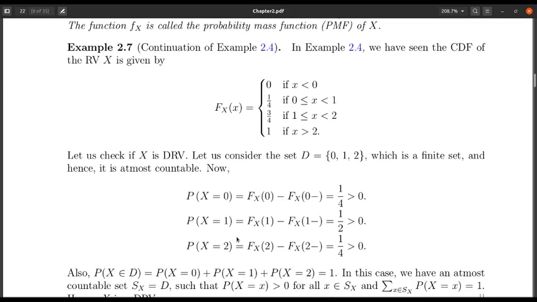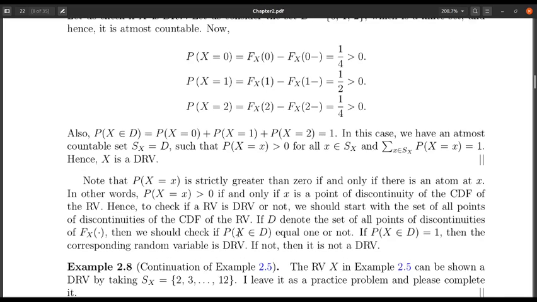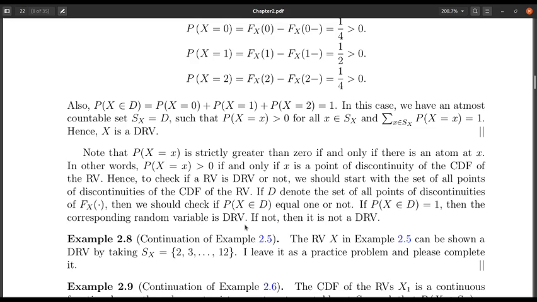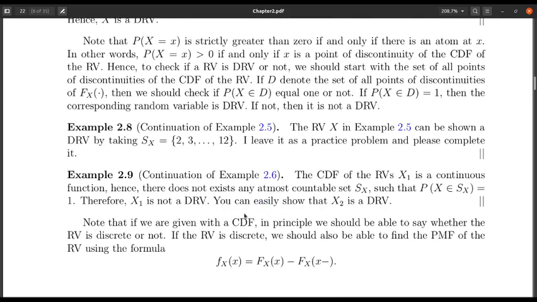Now let us see some of the basic properties of the discrete random variable. Before going into the other properties, two more examples. Example 2.8 is a continuation of example 2.5.